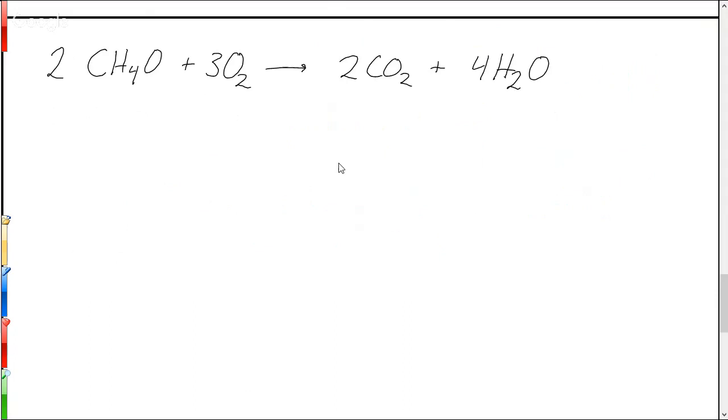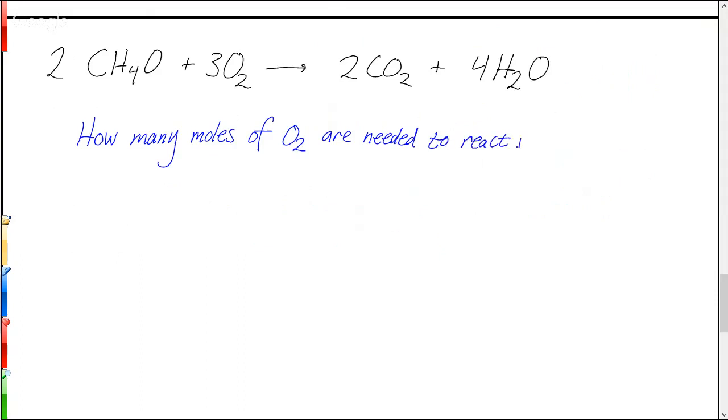So the way that we can ask about this is something like, how many moles of oxygen are needed to react with 1.7 moles of CH4O?